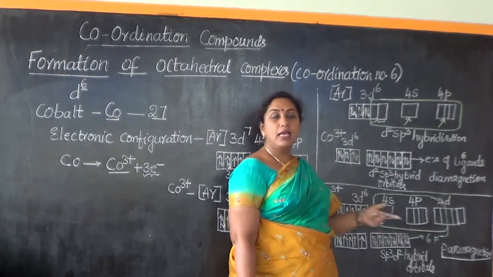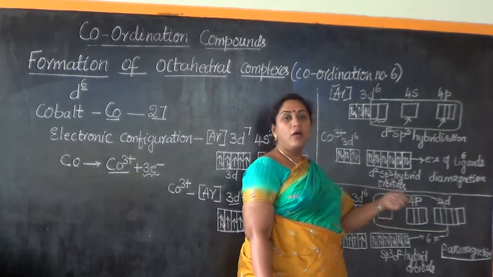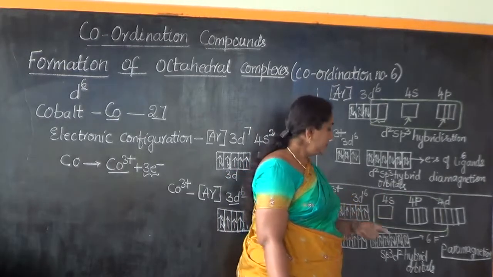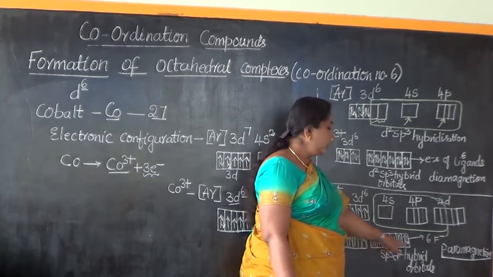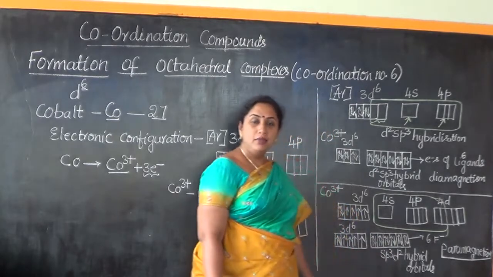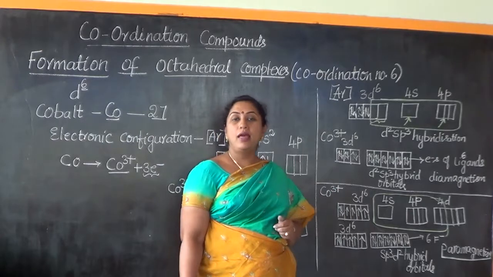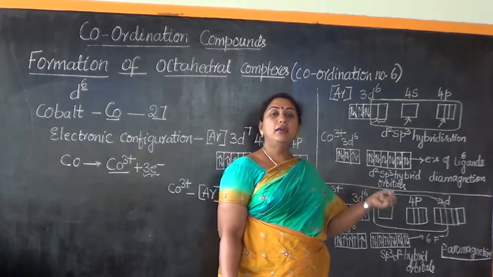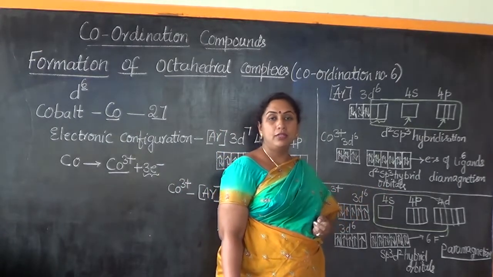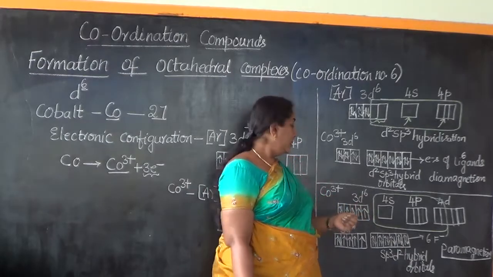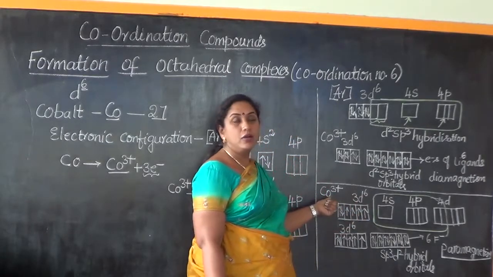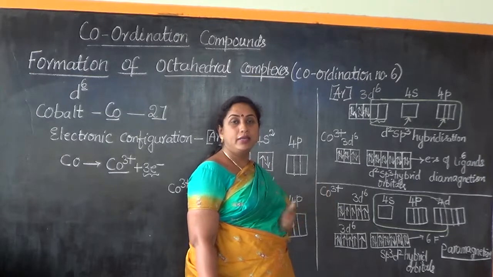Therefore, the complex can be called an outer orbital complex. Here also the coordination number is 6, because there are 6 fluorido ligands, each donating a lone pair of electrons to the central metal ion, the cobalt ion in this particular case.